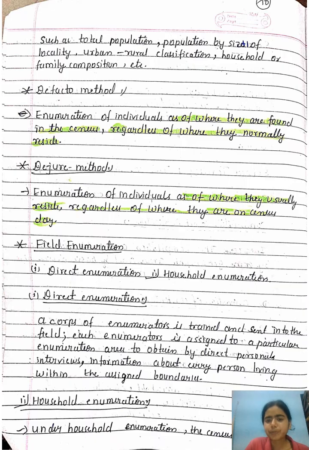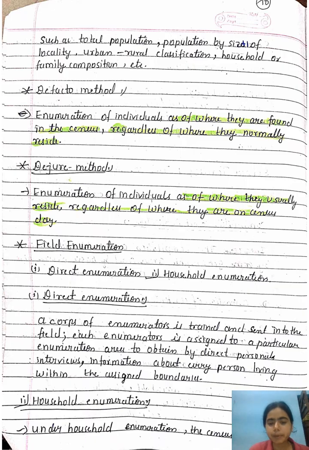In the de facto method, we collect data from a person wherever that person is, without knowing the residence of that person. And in the de jure method, enumeration of individuals is as of where they usually reside, regardless of where they are on census day.